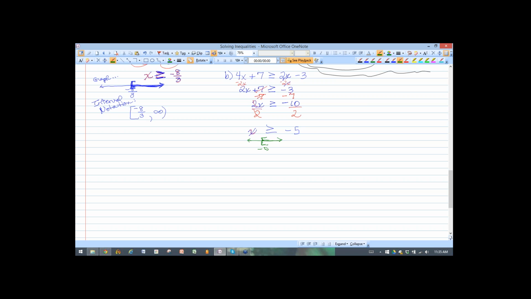Shade here. And then, of course, interval notation: you're just going to bracket negative 5 up through positive infinity, with a parenthesis on infinity. That's just an ugly little parenthesis I did there. There you go.